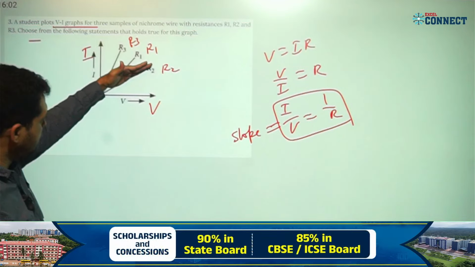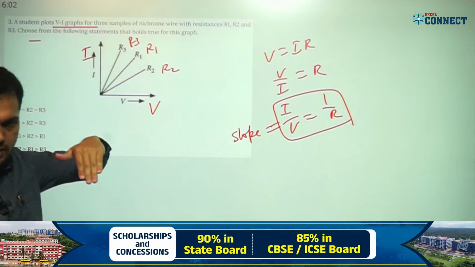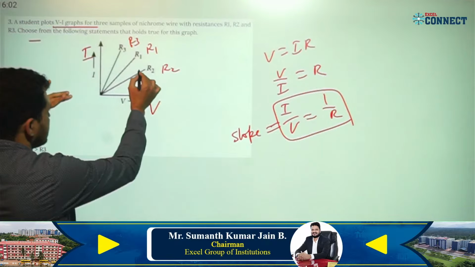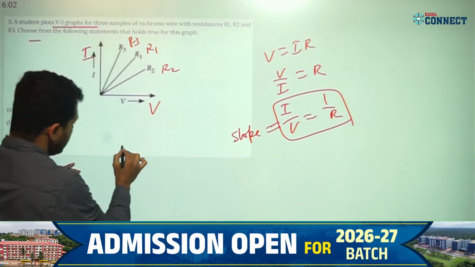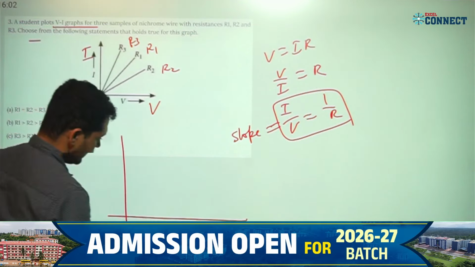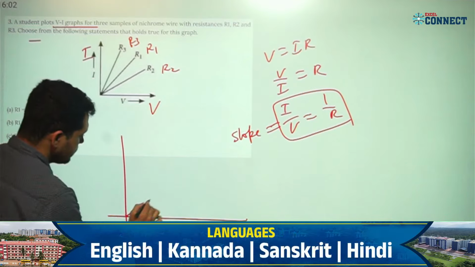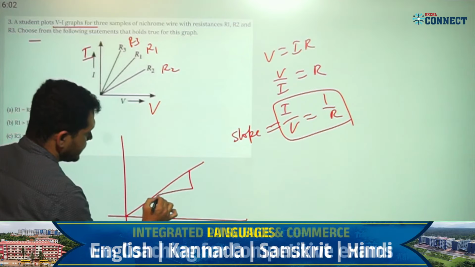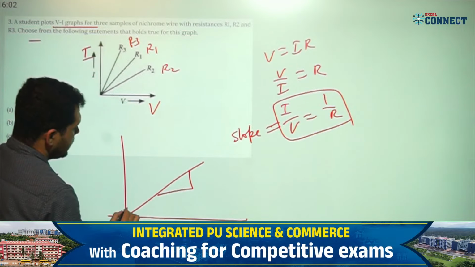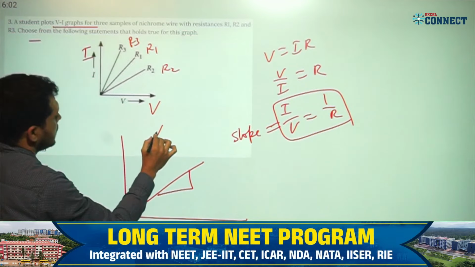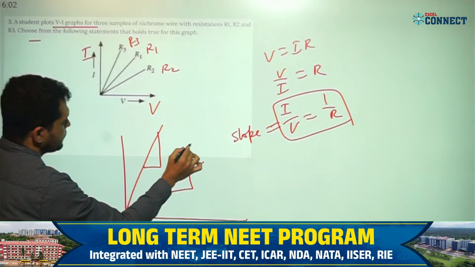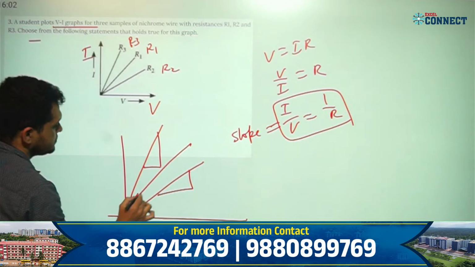Now this graph has a lower slope, right? If you have three graphs here, this graph has a less slope, this graph has a large slope, and this one is in between.